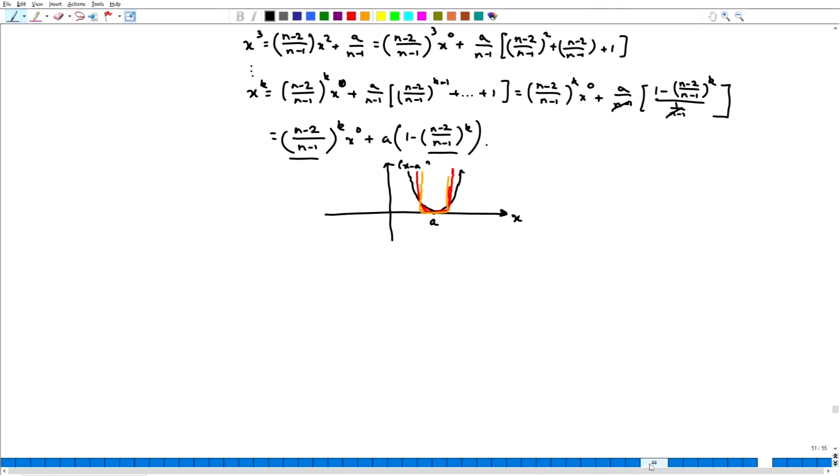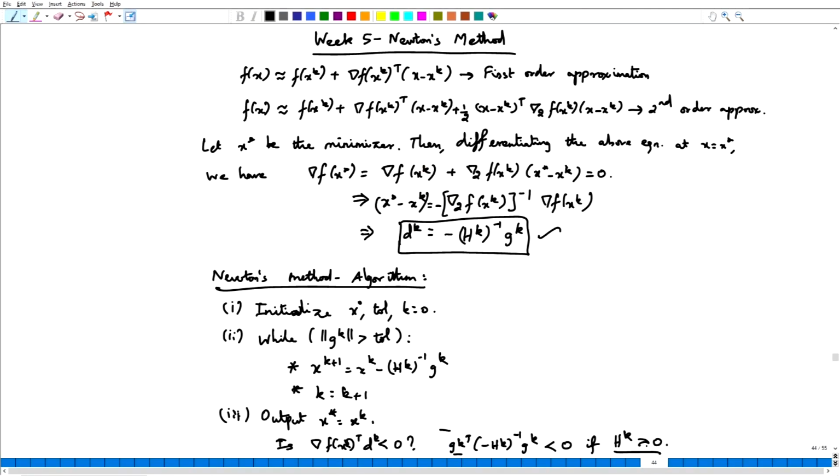Before ending this lecture, I will give an overview of what we have learnt this week. We started with the general form of Newton's algorithm, which is what you see here.